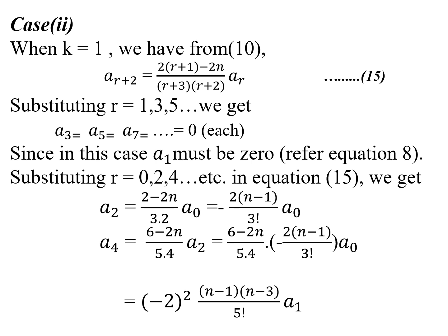Similarly, for a4, put r is equal to 2. This becomes 2 into 6 minus 2n divided by 5 into 4 into a2. For a2, substitute here.